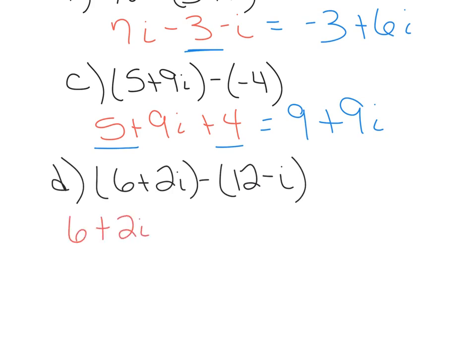So 6 plus 2i, and then that would be negative 12 and a positive i. This negative times this 12 gives you negative 12. Negative times negative i gives you positive i. And then we combine the real numbers. 6 plus negative 12 makes negative 6. And then the imaginary numbers, 2i plus i makes 3i.